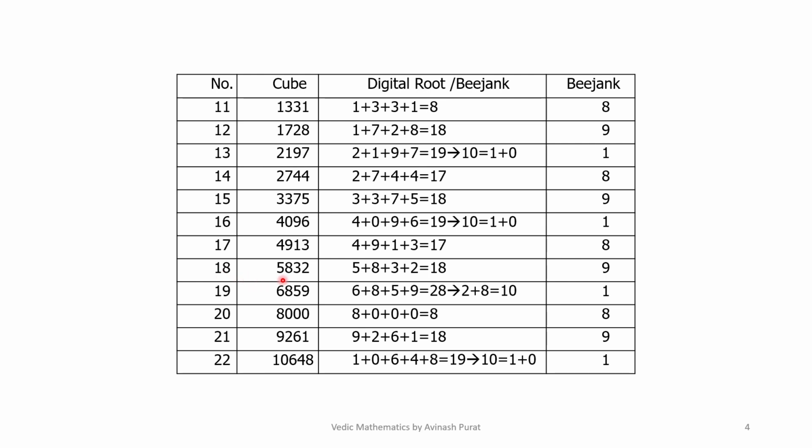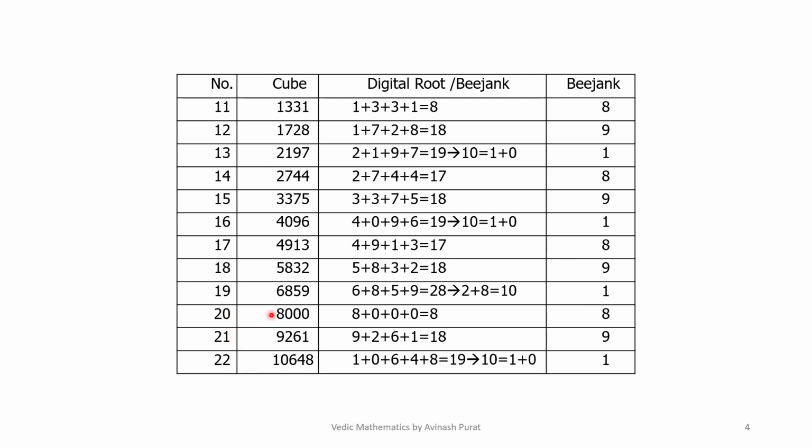Number 18, cube is 5832, digital root is 5 plus 8 plus 3 plus 2 equal to 18, so Beejank is 9. Number 19, cube is 6859, digital root 6 plus 8 plus 5 plus 9 equal to 28, that is 2 plus 8 equal to 10, so Beejank is 1.